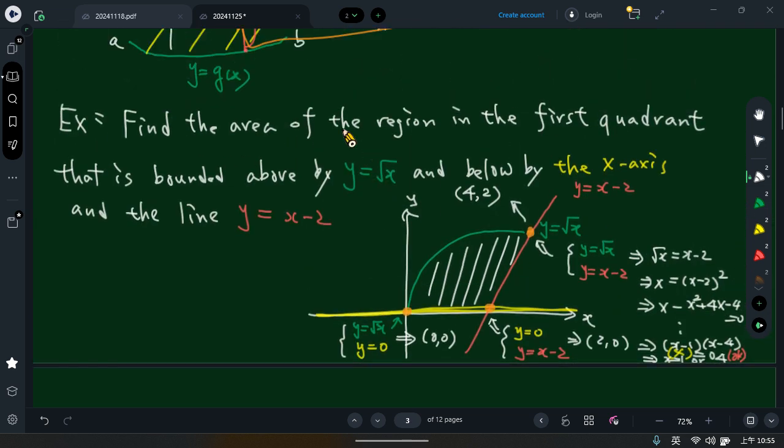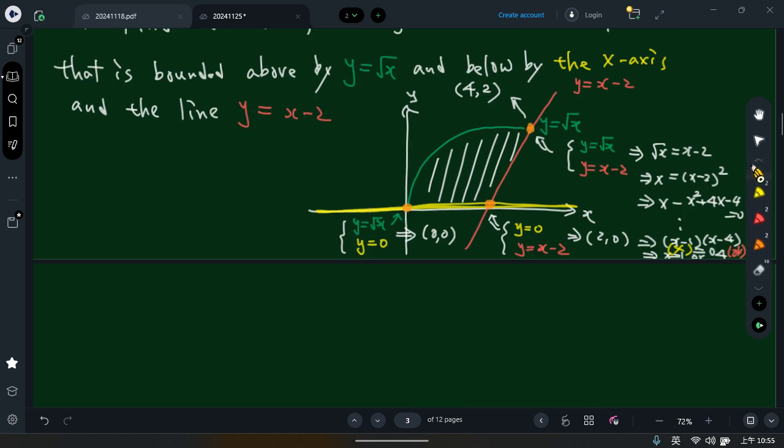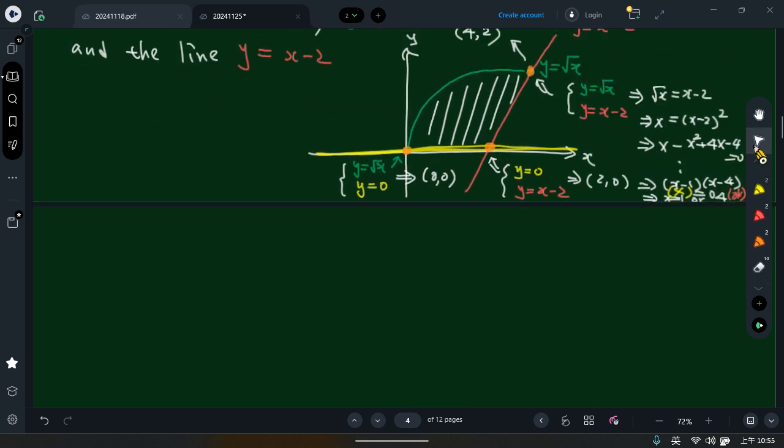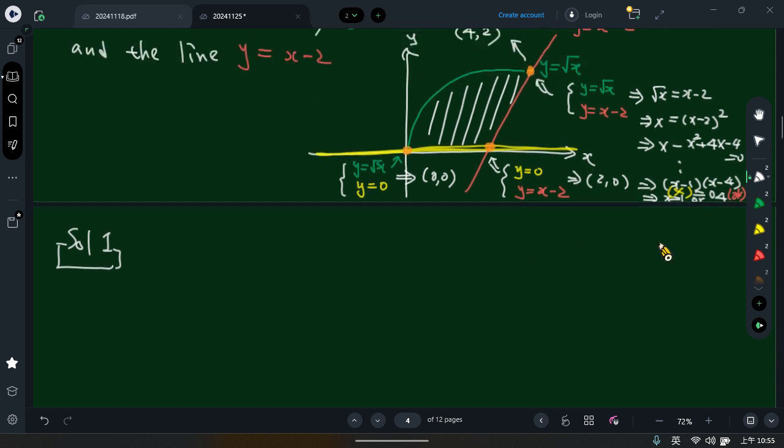Then okay, we start to calculate the region. So this is solution 1. Let me just draw it again.